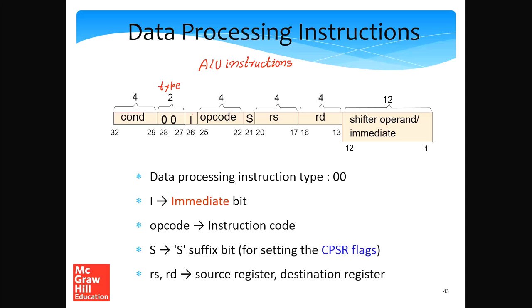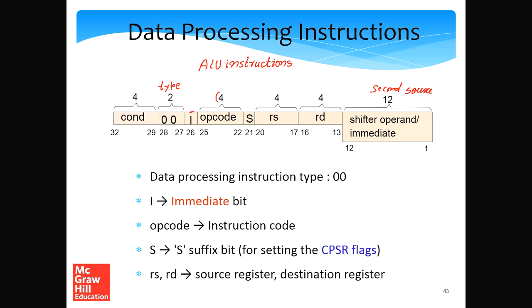Subsequently, the I bit, or the immediate bit, indicates whether the second source operand is an immediate or a shifter operand. Essentially, is it a register shifted by a certain value, or is it an immediate? This is specified by the I field, the immediate bit.